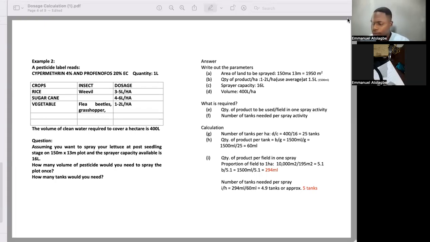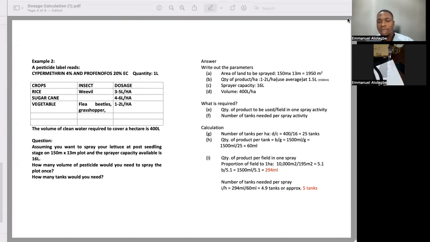So we have 10,000 square meters that we've been working with, which is a hectare. We have 1,950 square meters to work with, which is our own plot of land where we are to spray. The parameters we have been given and have gotten before are for a hectare, which is 1.5 liters. So whatever we are doing now is to get the amount for 1,950 square meters in 1 hectare. 10,000 square meters divided by 1,950 will give us 5.1.